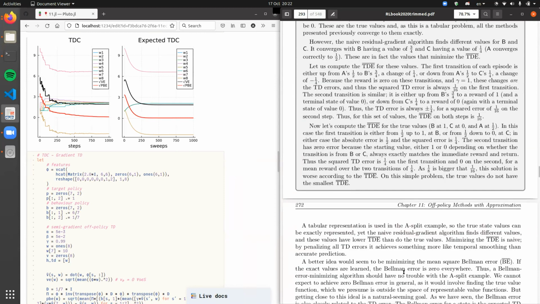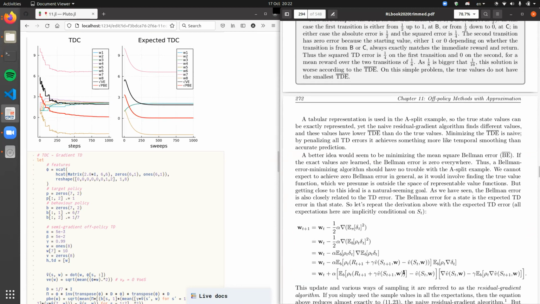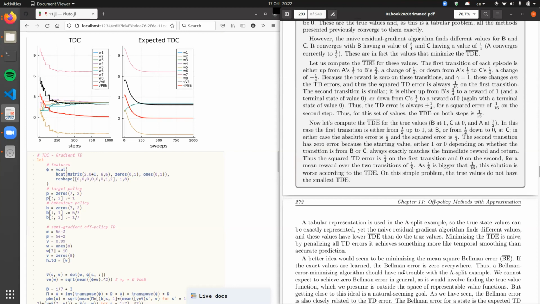So that example demonstrates that there is a problem with optimizing for this TD error directly. That's not the best objective.